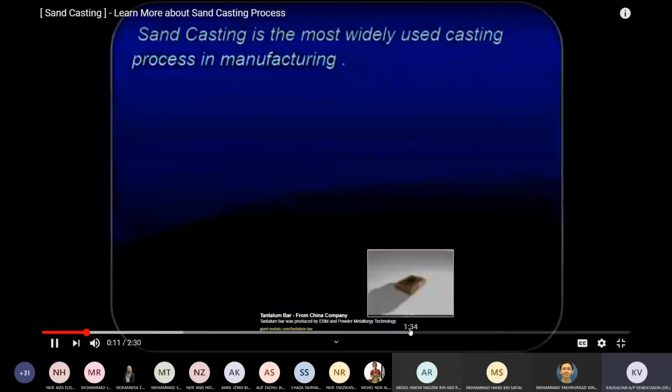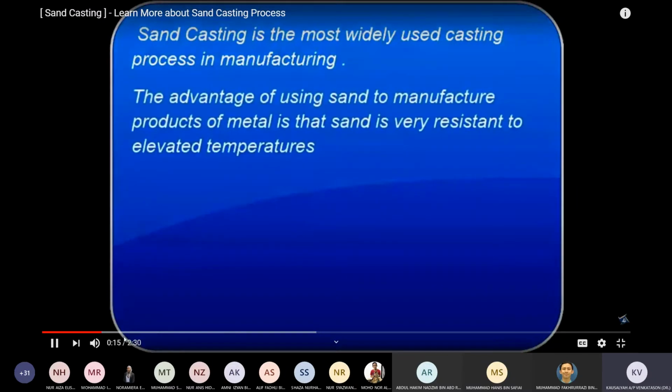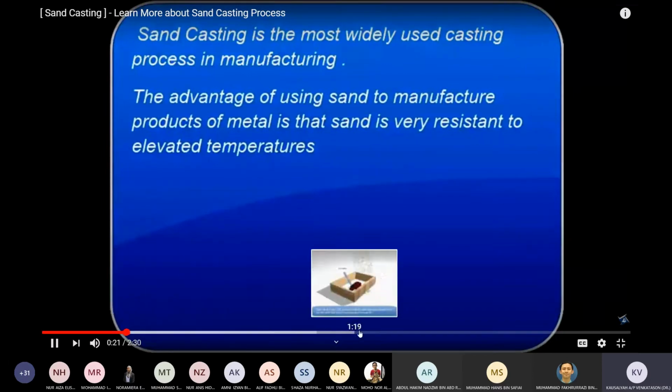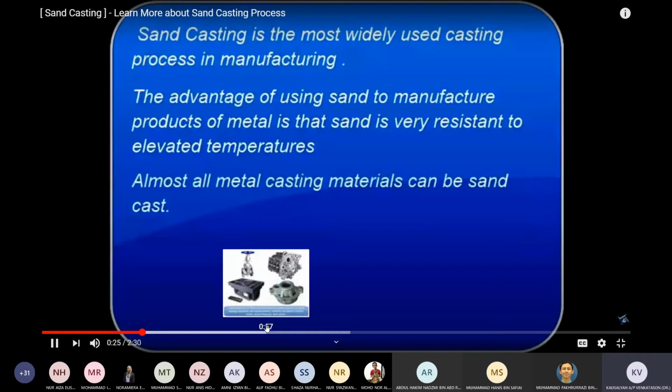Sand casting is the most widely used casting process in manufacturing. The advantage of using sand to manufacture products of metal is that sand is very resistant to elevated temperatures. Almost all metal casting materials can be sand cast.